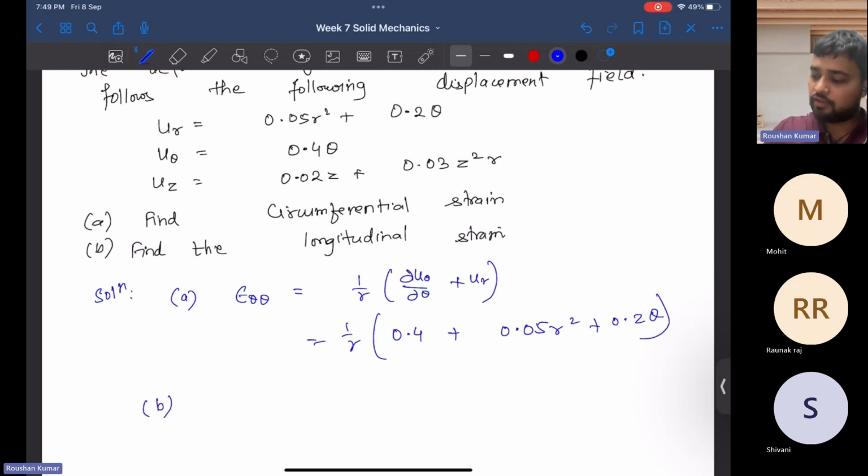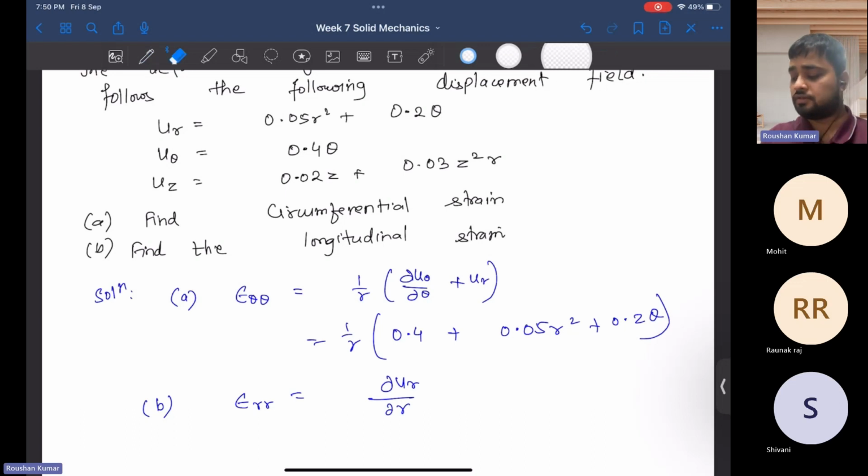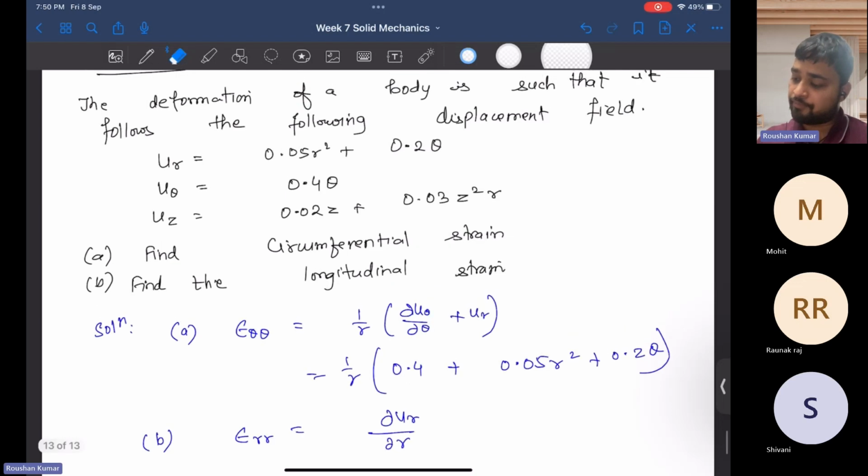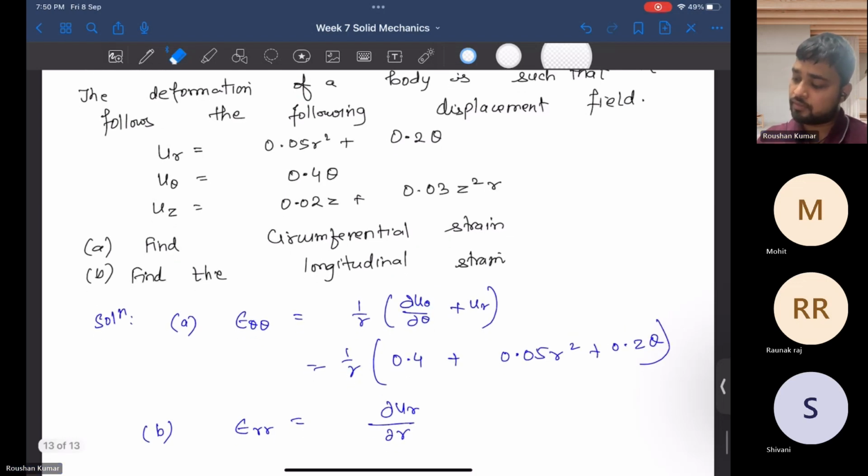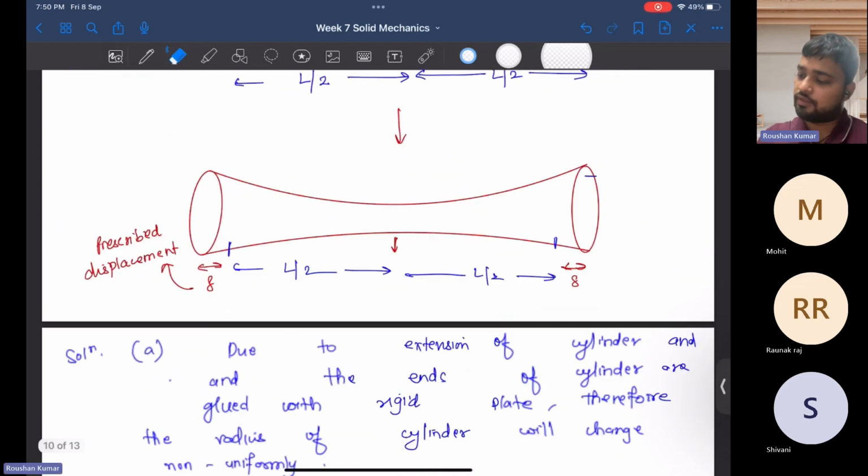Next we have to find the longitudinal strain, that is epsilon rr. Epsilon rr is del u_r over del r. So I have written the formula here.